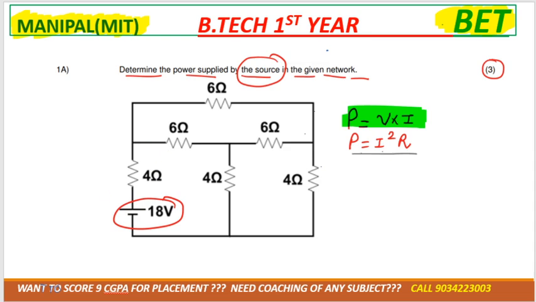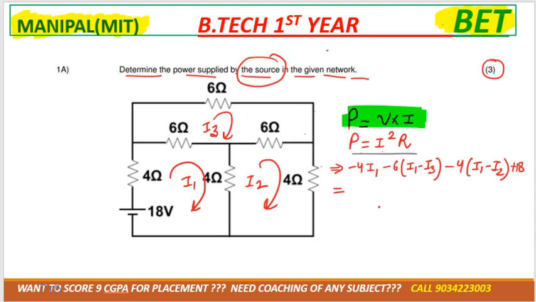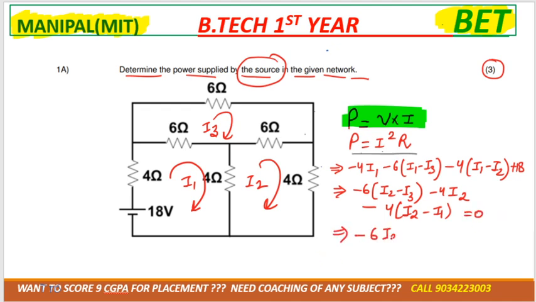By using mesh analysis. The second mesh equation is minus 6 I2 minus I3 minus 4 I2 minus I1 is equal to 0. The third mesh equation is minus 6 I3 minus I2 minus 6 I3 minus I1 is equal to 0.